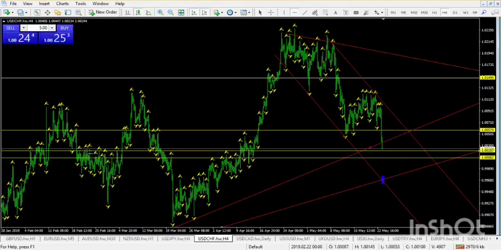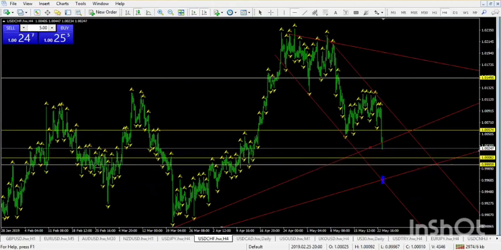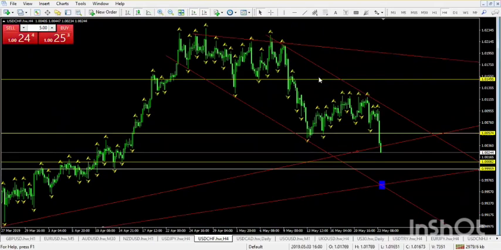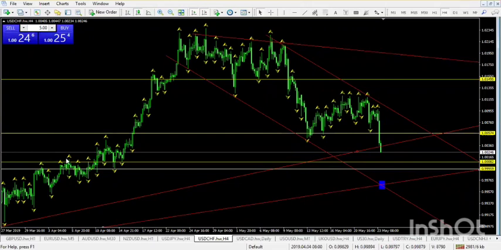Where should I enter? If it goes further than this area, so I'm not going to take any decisions here or do anything. If it was my own account as well, I wouldn't have started trading because we're on the pivot right now. We don't know what we should do.